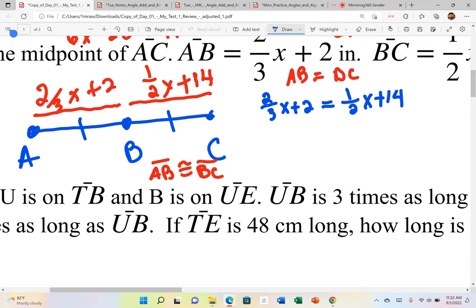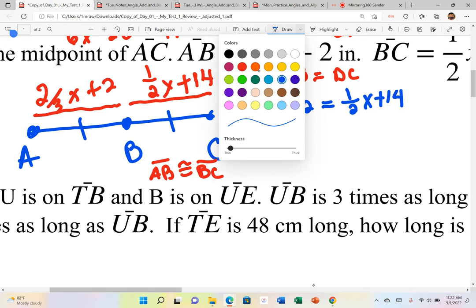There's an easy way to get rid of fractions, and you always want to look at the denominator of both sides. Okay? The denominator of the left side is 3, and the denominator of the right side is 2. You want to look for a number that 3 and 2 both go in, and you want to use the smallest number. And that number should be 6, right?